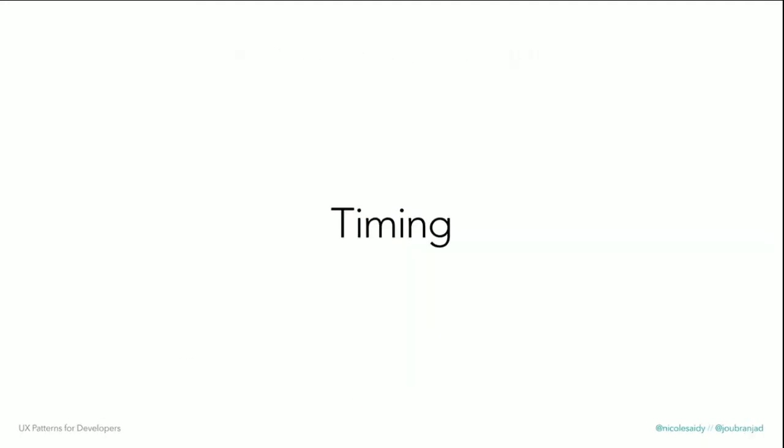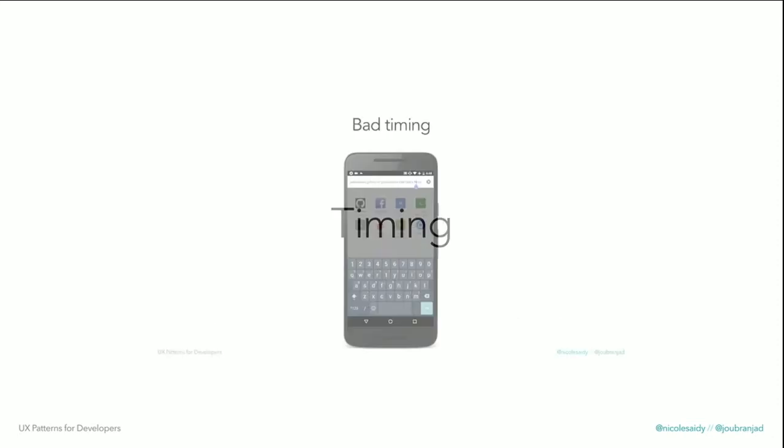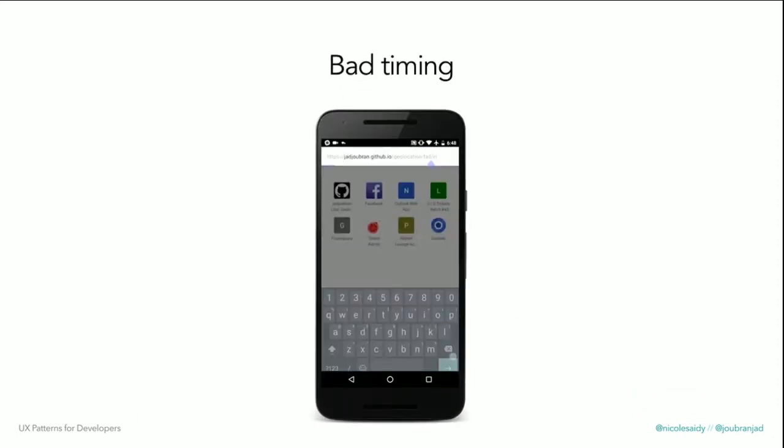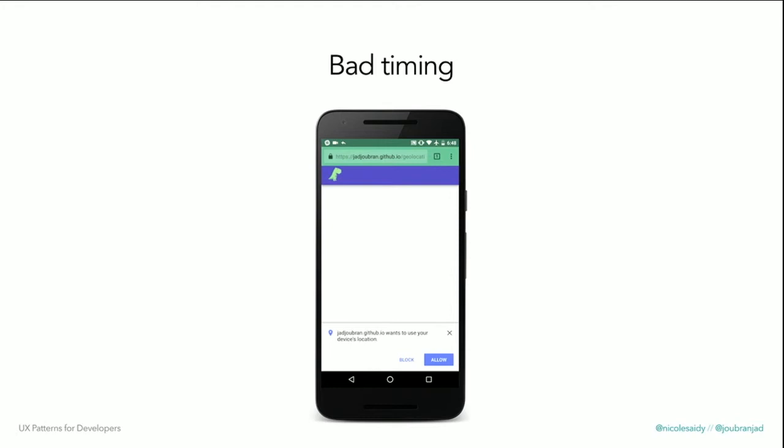Now, another way to earn trust with the user is to use good timing, especially for notifications and asking for permissions, for example. So we should tell them when they should care about the thing we're telling them about. And we shouldn't interrupt them and force them to pay attention to something they don't want to see right now. So here's an example of bad timing of asking for permissions.